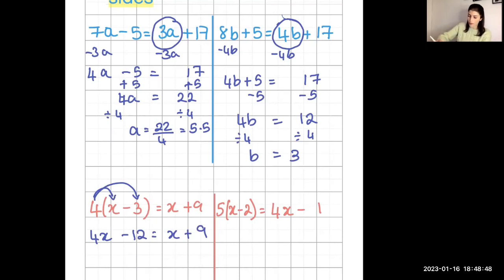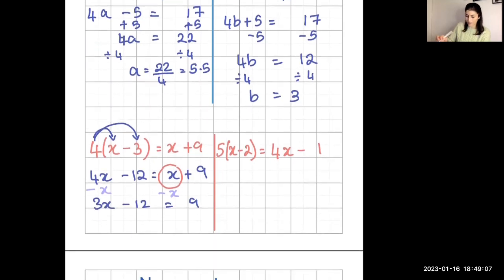We're going to move the smaller x onto the other side. So I'm going to subtract the x. So I'm just left with 3x minus 12 equals 9. Then I'm going to add my 12 to get 3x equals 21, and then divide by 3 to get x equals 7.